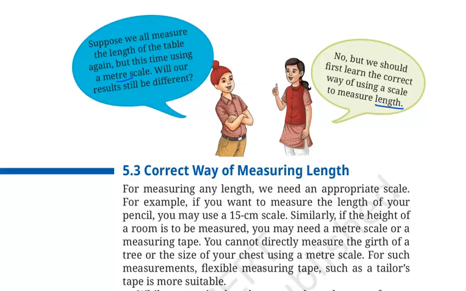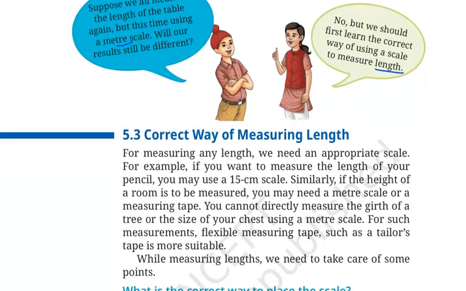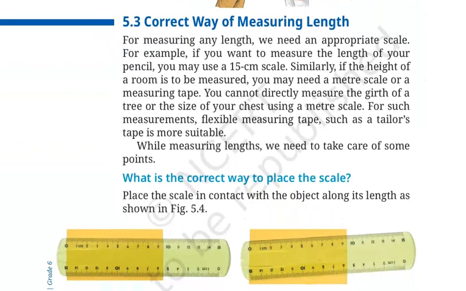All right. So, now what are we going to learn? We are going to learn the correct way of measuring length. So students, if you want to measure the length of anything, what are you going to do? You're going to place the scale correctly. And how are you going to place the scale correctly?